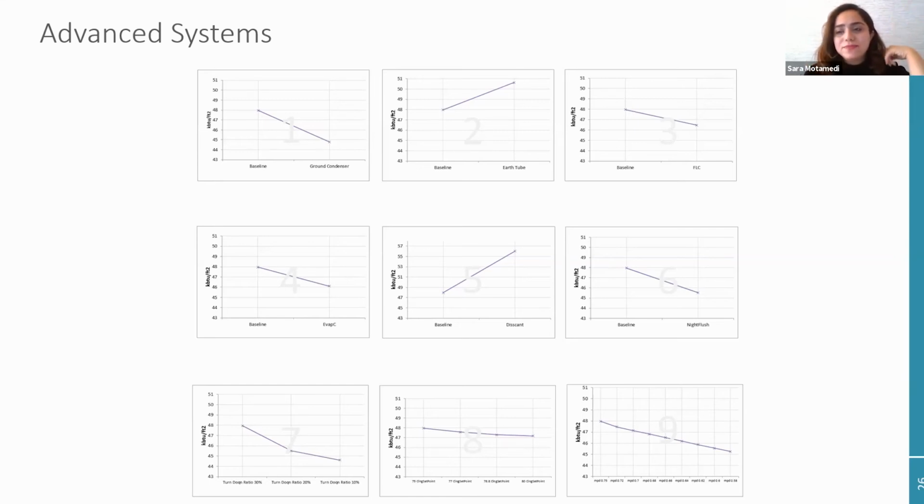Yeah, that's a good observation. And have you started to look into how embodied carbon is also affected by different strategies? Yeah, I think as I said, life cycle cost analysis and embodied carbon are very important.